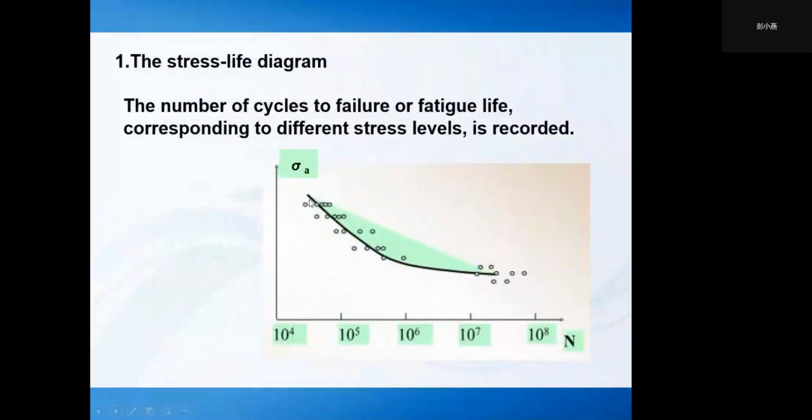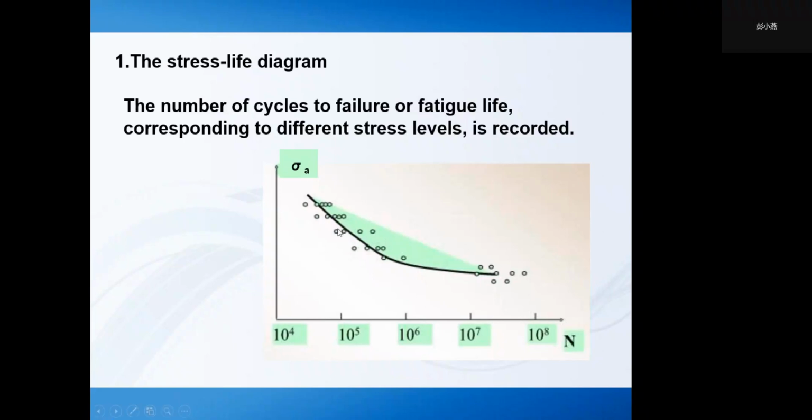This is the stress life diagram or the SN diagram. The number of cycles to failure or fatigue life corresponding to different stress levels is recorded as shown in the figure.